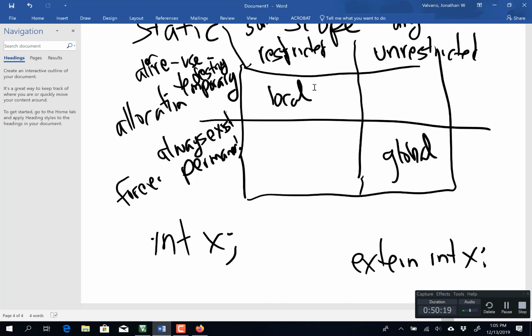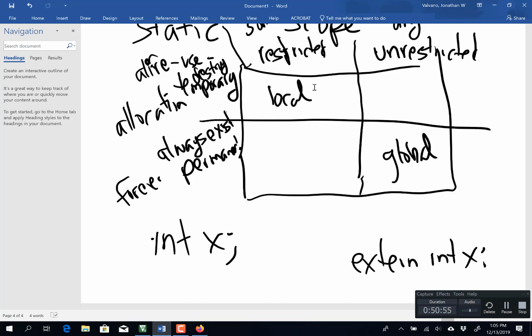I could put a constant in a register. We already did const. We're talking about statics. Const changes the memory from RAM to ROM, but it doesn't change it from permanent to temporary. It doesn't restrict its scope. Const doesn't change the scope or whether it's temporarily allocated.